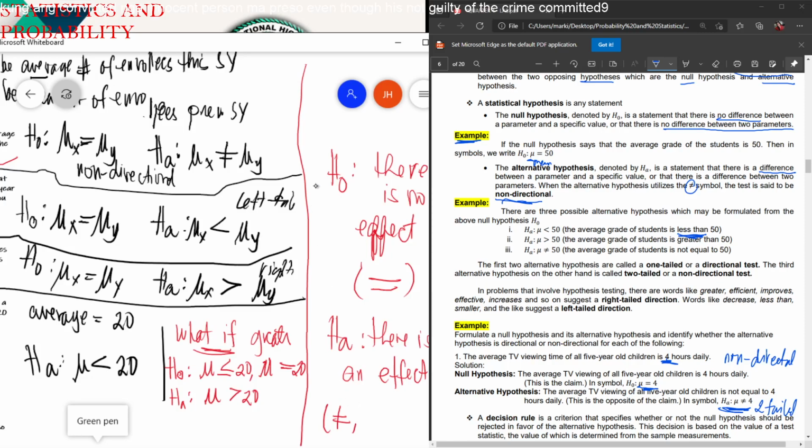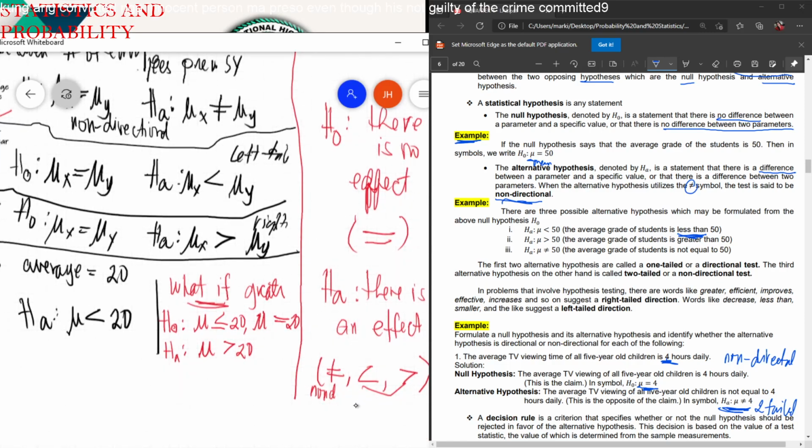Remember the clue from our problem. We can use less than if it is below or less than. We can also use greater than if in the problem you can see above or greater than. So for null and alternative hypotheses, we have different directions. The not-equal sign is non-directional, and the other two are directional.